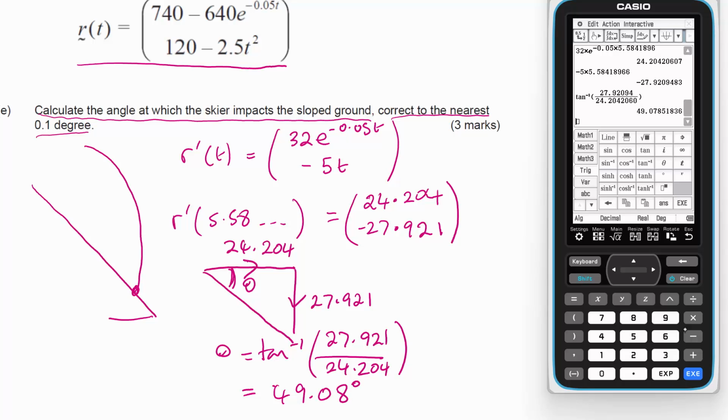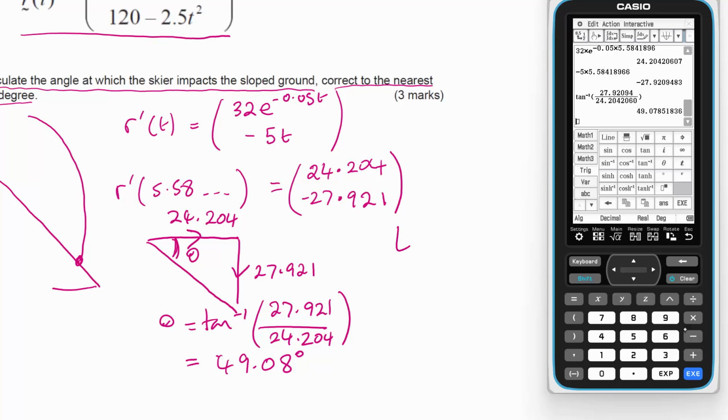We also want the angle of the slope. The angle of the slope, of course, the gradient is 0.5. So it's just going to be the inverse tan of 0.5. So inverse tan of 0.5 is 26.57.